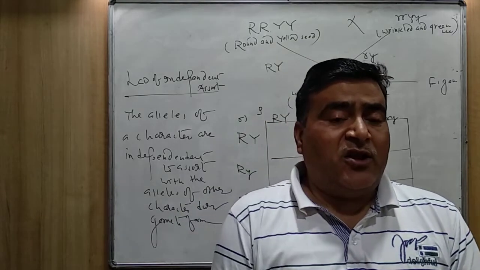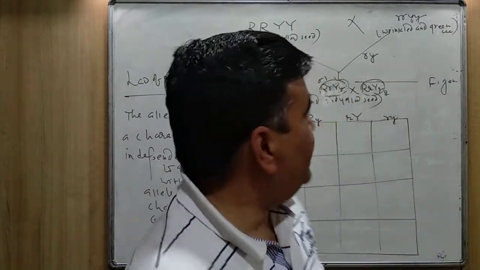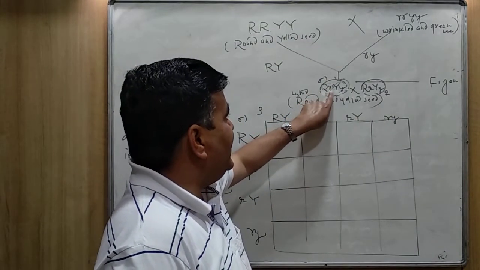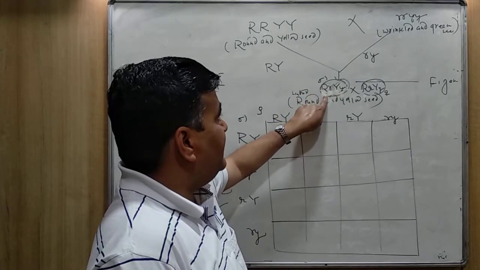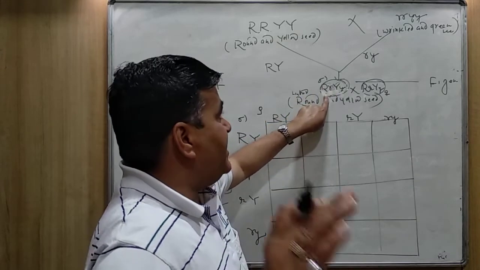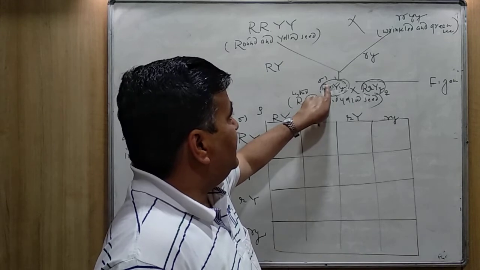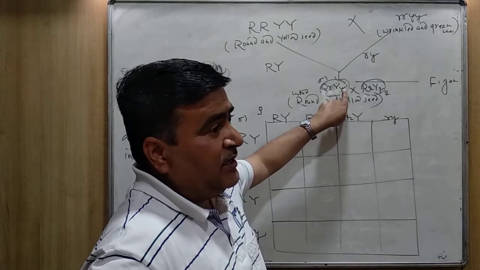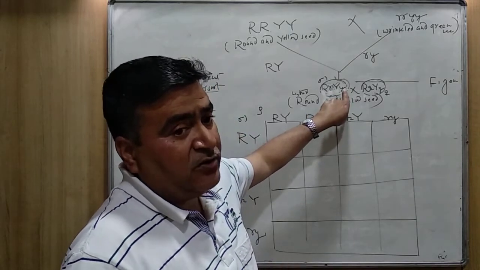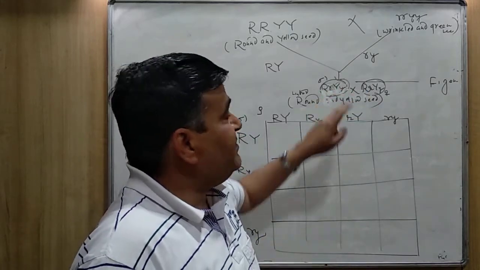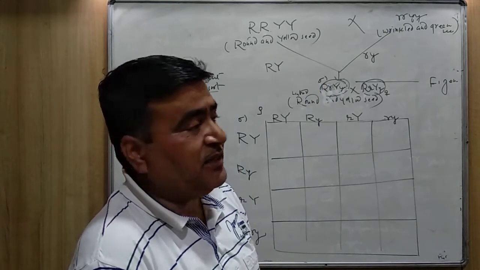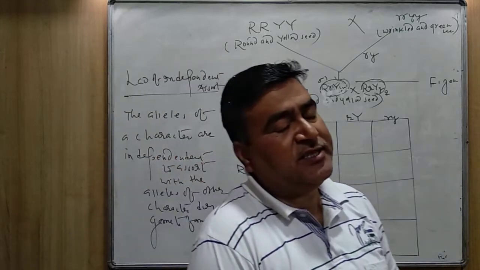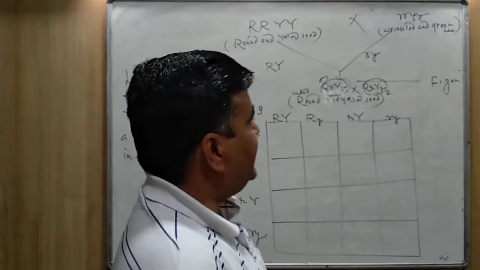But as per the law of independent assortment, the alleles of a character, meaning these two alleles of the shape of the seed, are independent to assort with the alleles of other character. They will not go with the same allele, but they can assort with the alleles of other character, and this is called the law of independent assortment.